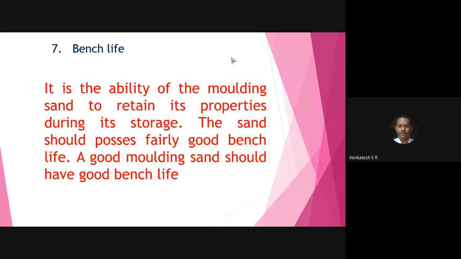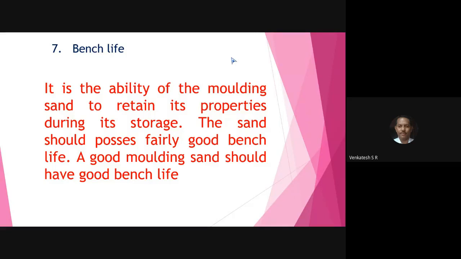These properties are very much essential if the sand has more bench life. We ask, if you purchase any component in the shop or in the market, what is the life of the component, what is the guarantee and warranty of the component.